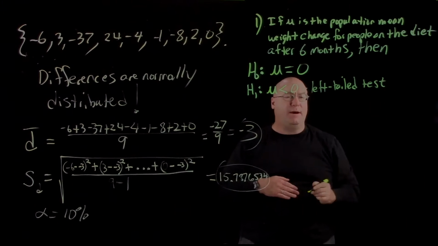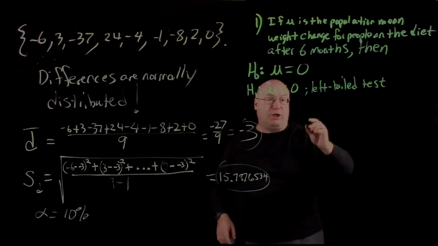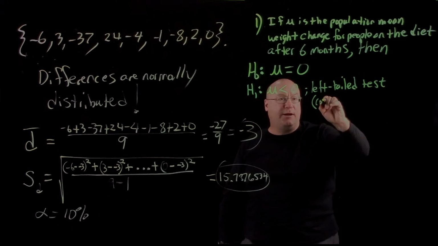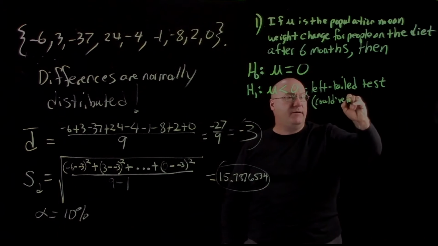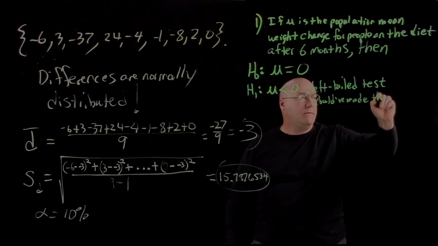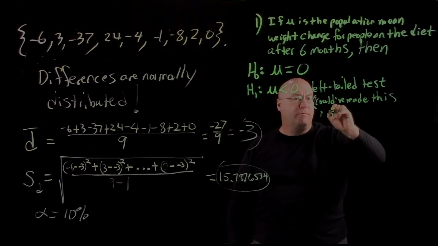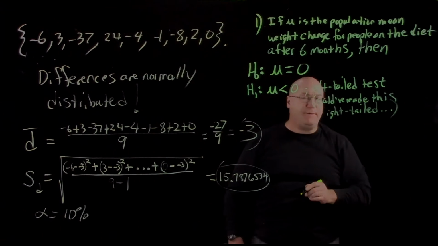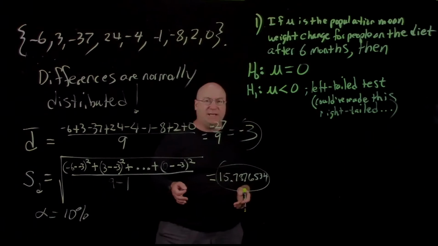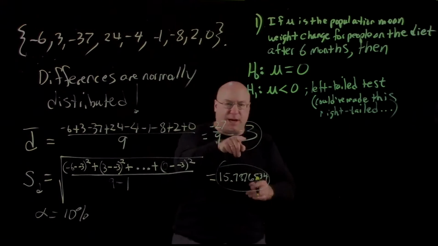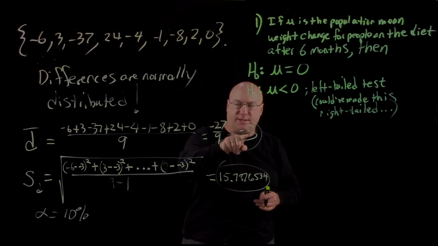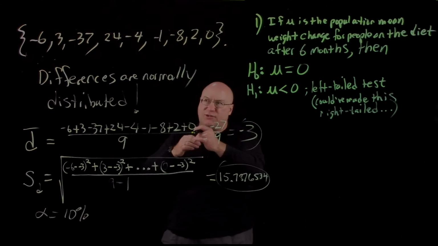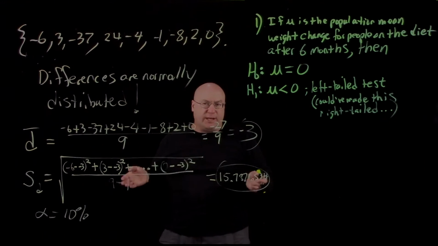I want to just say, look, we could have made it right-tailed, right? If I had done before minus after, I would have gotten a positive 3 here instead of a negative 3. I'd done all the subtractions in the reverse order, and I would have gotten a positive 3.